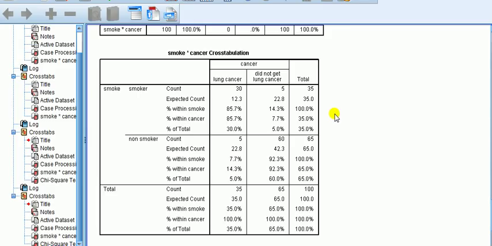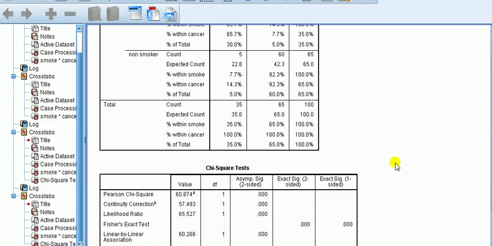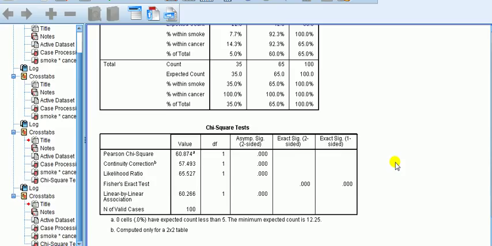Now, looking around here, 12.3, 22.8, 22.8, 42.3, all those expected counts I've just read out exceed 5, so we have no problem. But if we have tables where some of the expected cell counts are less than 5, then we would have to think about collapsing cells if we can, because we can't always do it.